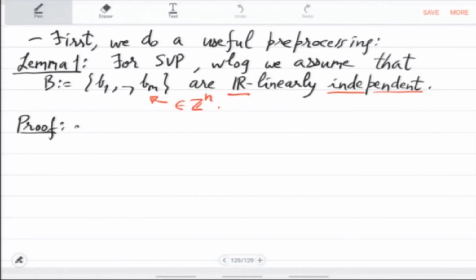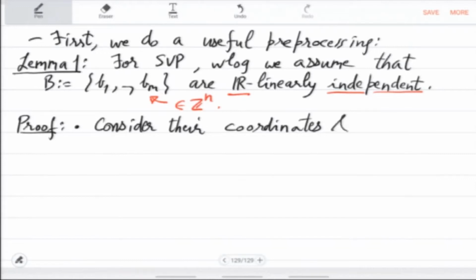Let us consider the coordinates of b1 to bm and the matrix B that they define.